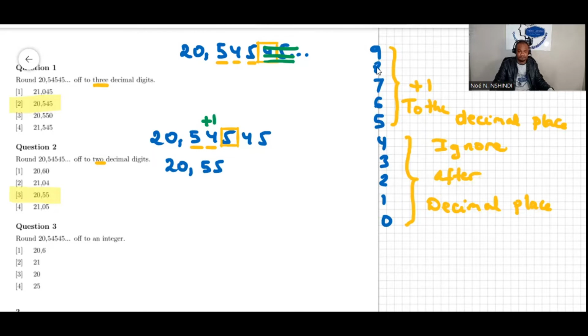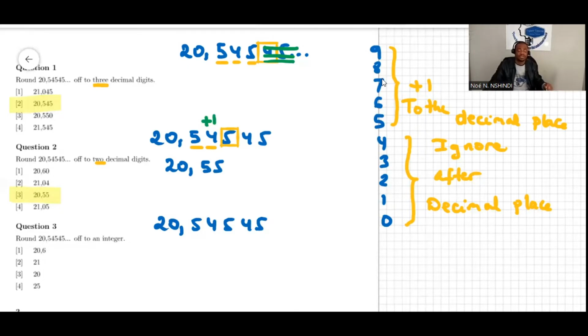Now question number 3: round this number off to an integer. An integer is a number without decimal parts, without a fraction part either. So we write the number 20.54545.